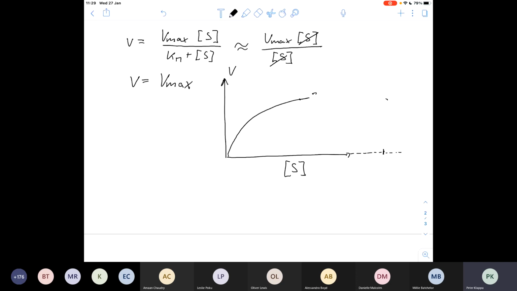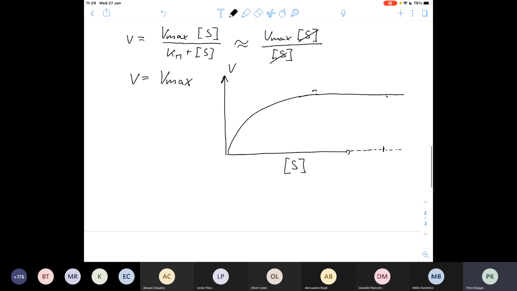So this curve plateaus off. It will be a parallel line to the x-axis. And this value that it approaches is our Vmax, the maximum velocity. Absolutely right. S is so big, it makes Km insignificant. So the rate will be a parallel line.